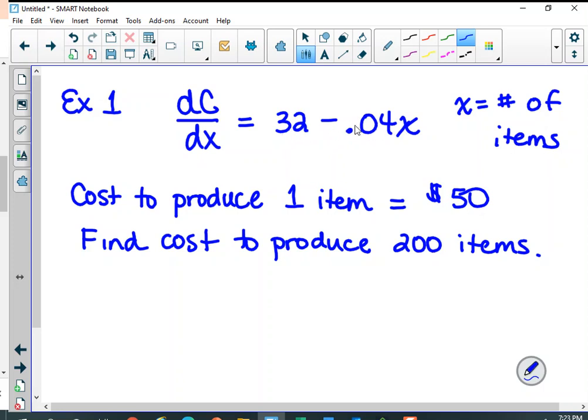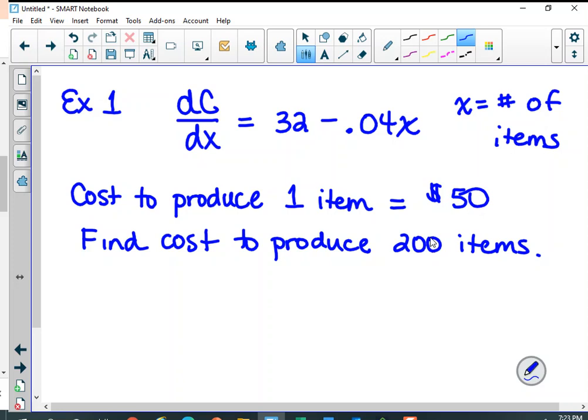This would be a line with a negative slope, so as you put in bigger and bigger x's, your change in cost will be going down. It's more efficient to make 10 items than one item. You still have to pay for the materials, but maybe the labor costs are different.